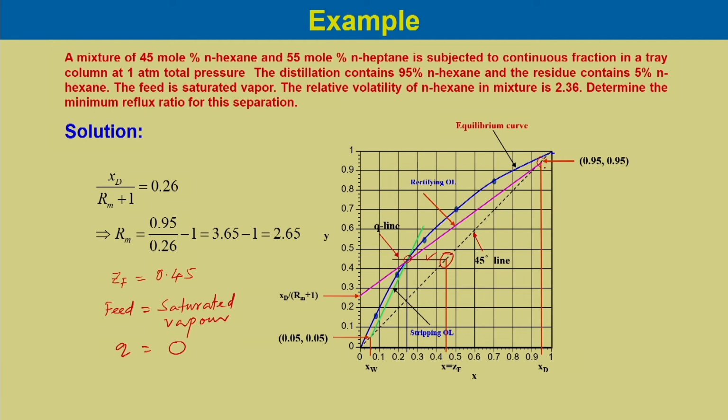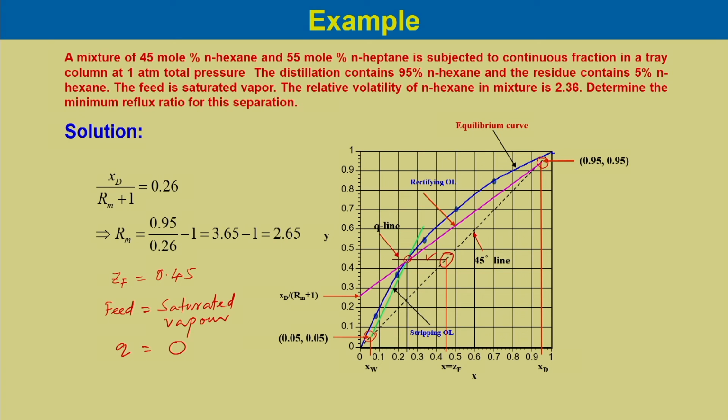So, which is 0.95 over here, and with this point we can draw the operating line in the rectifying section, which is shown over here. We can also draw the operating line in the stripping section, knowing 5% of the n-hexane is in the bottoms, or the residue.